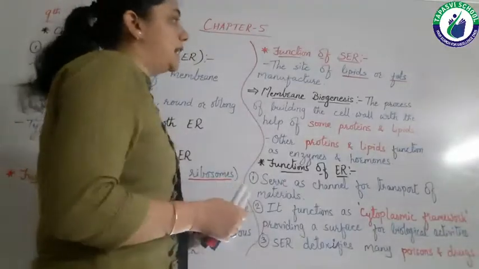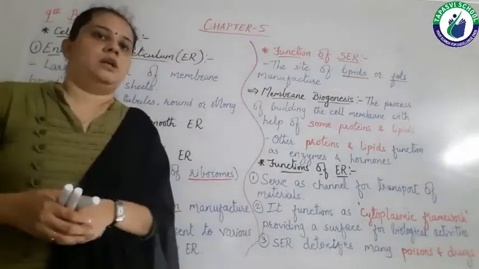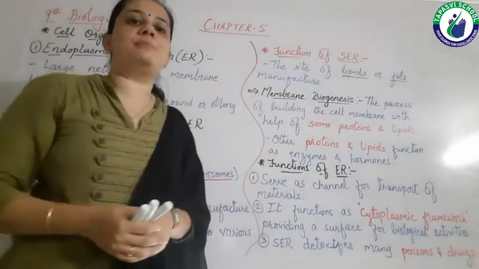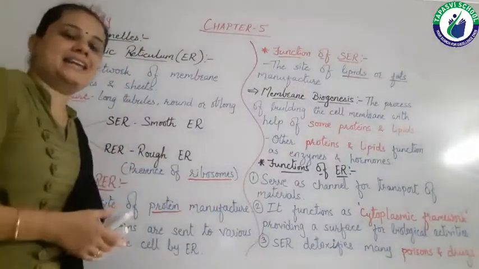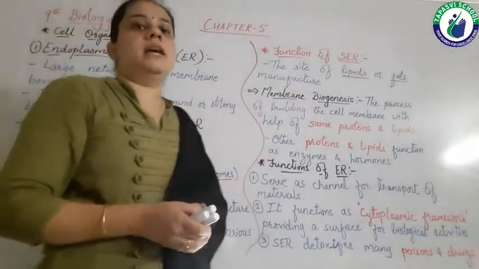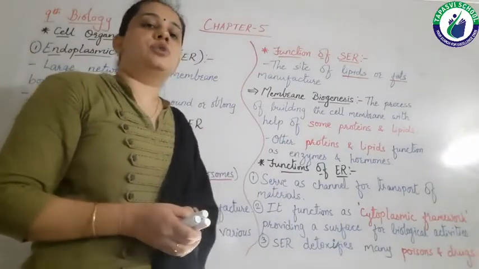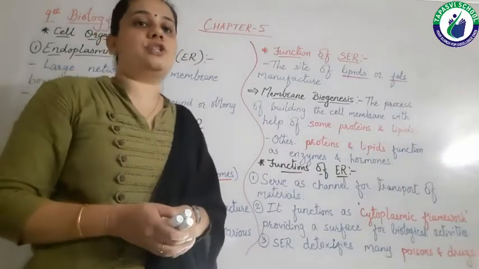So it is the site of lipid and fat manufacture. Some of these lipids produced by SER and proteins produced by RER help in the formation of membrane. This process is known as membrane biogenesis.